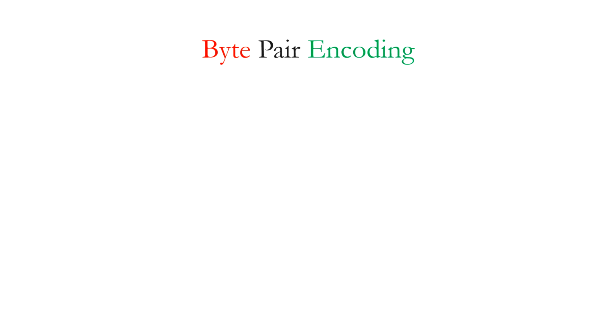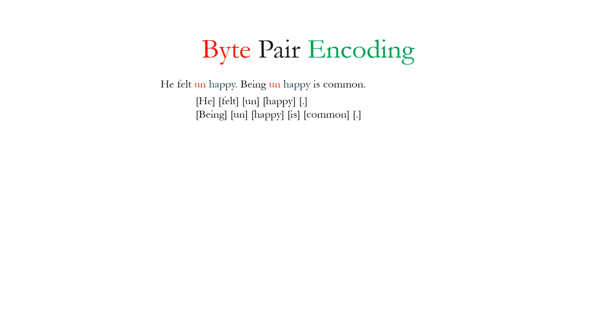So let's give an example of byte pair encoding. He felt unhappy. Being unhappy is common. So you see the two separate words, unhappy. Okay, it's un and happy. That's two different words. We tokenize it. We could see that we've got approximately 11 characters, right?